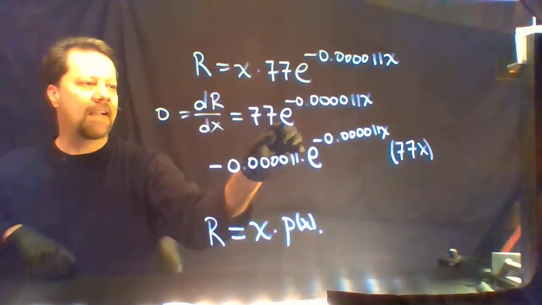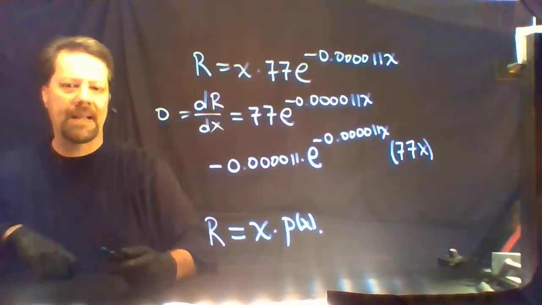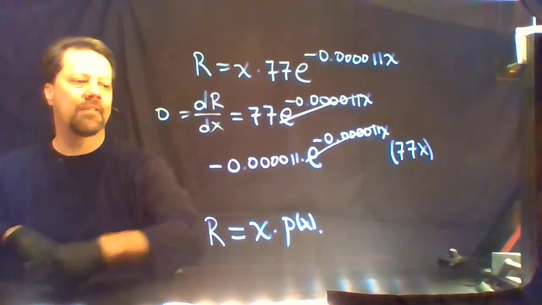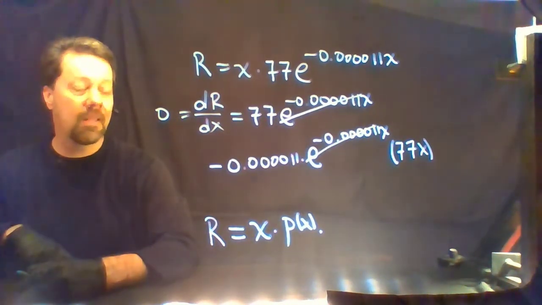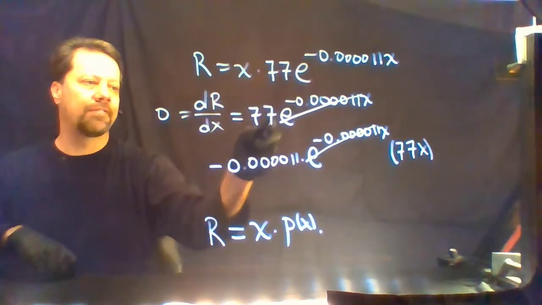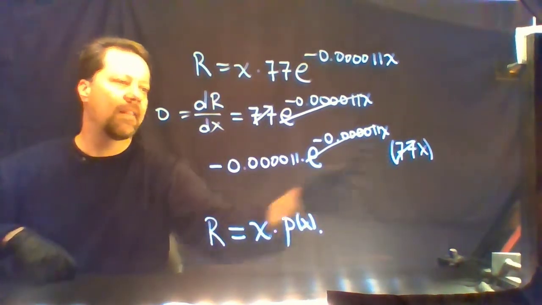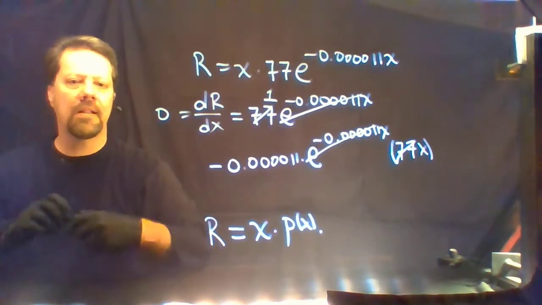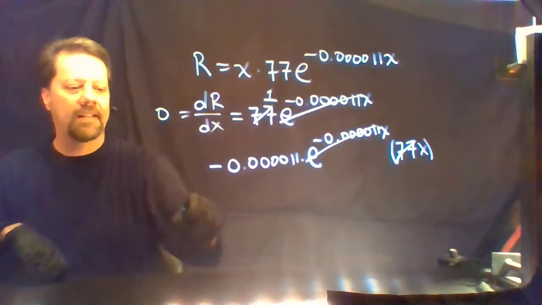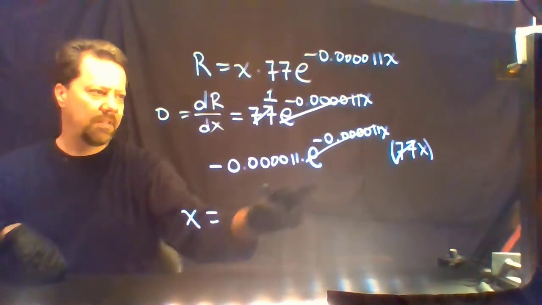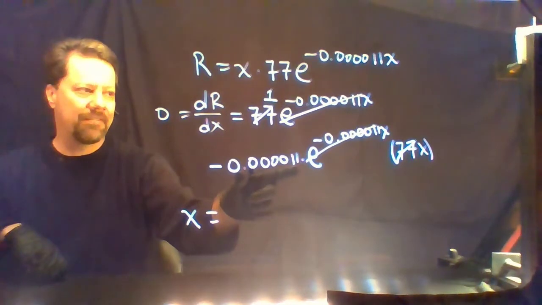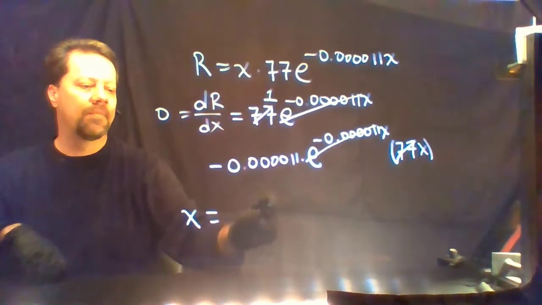We can factor the e to the power out and cancel it off, because that is never equal to 0. You can cancel the 77 off. That leaves just 1 on this term. It follows that x, if we move this term over, we'll have a positive small number times x equals 1.